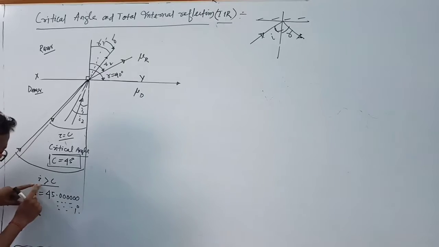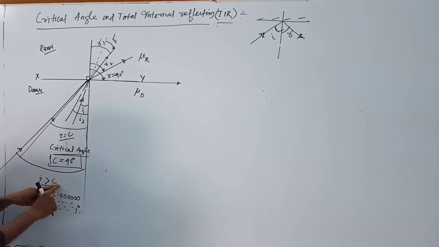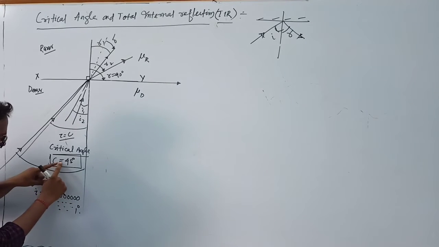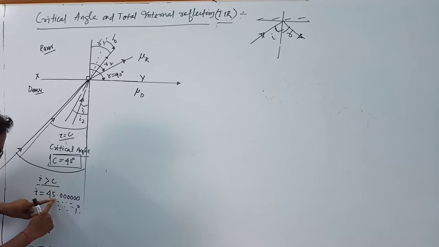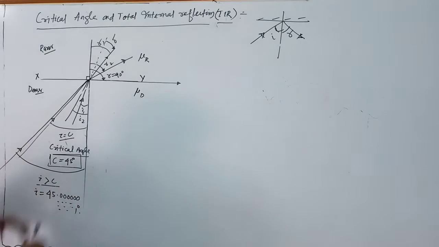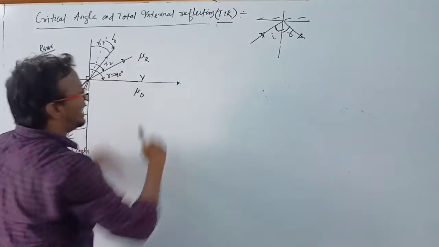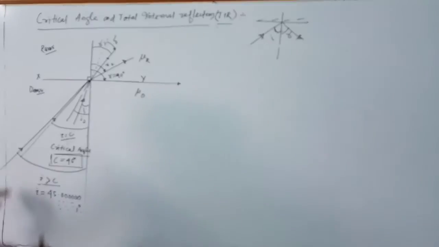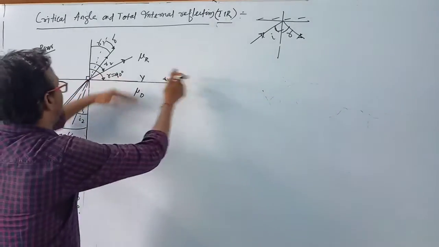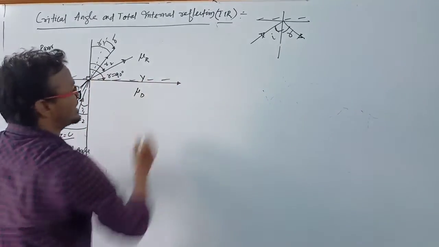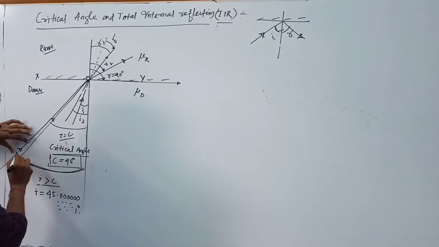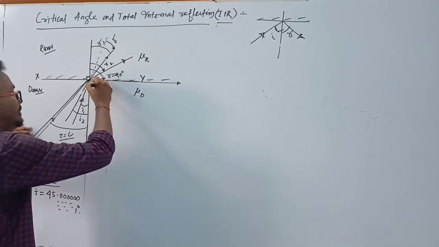Similarly, when the angle of incidence is just greater than the critical angle, because here the critical angle is 45 degrees and here the incident angle is 45.000000001 degrees, at that time this interface behaves as a reflecting surface, and this angle is known as the angle of reflection. If this surface behaves as a reflecting surface like a plane mirror, then we already know the angle of incidence is equal to the angle of reflection.